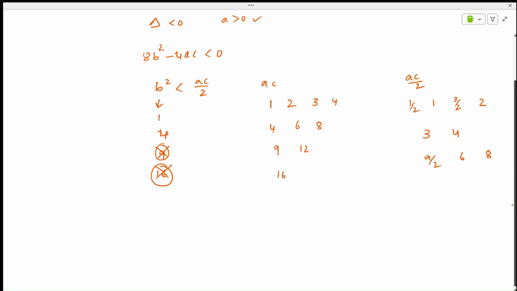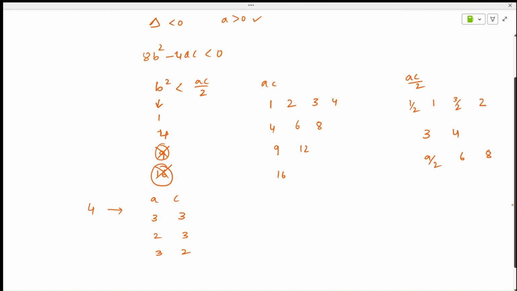If we take 1, we can get values of ac which are greater than b square. So let us look at 4 first. If you take b as 2, then you'll get b square as 4, and possible values of ac will be 9 by 2. How to get 9 by 2? 3 and 3. And what about 6? 2 3's and 3 2's.